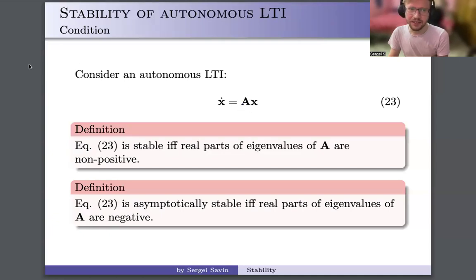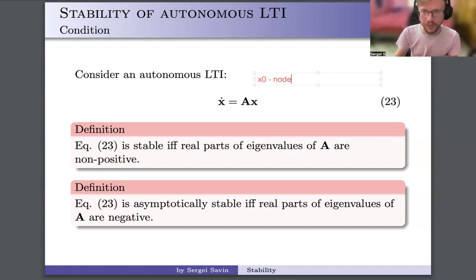Let's say that x0 is a node. We substitute, which implies that A times x0 is equal to 0, because it's a node, so x dot at this point is equal to 0.